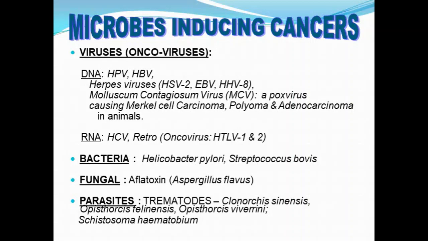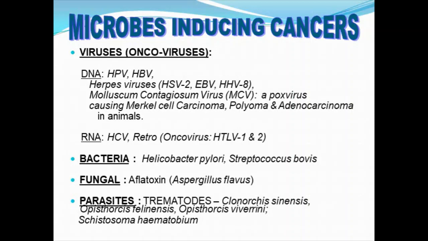So DNA viruses include human papilloma virus, hepatitis B virus, the herpes viruses like herpes simplex virus 2, Epstein-Barr virus, and human herpes virus type 8. Molluscum contagiosum virus, MCV, which is a pox virus, and Merkel cell polyomavirus cause Merkel cell carcinoma and adenocarcinoma in animals, but it is not proven to be a cancer-causing virus in humans so far.